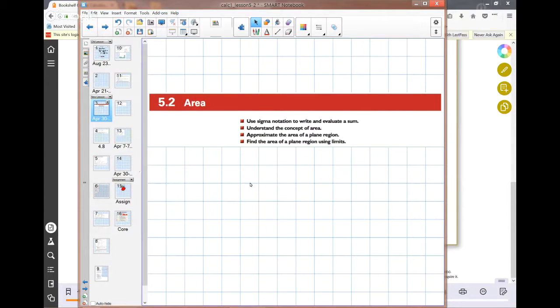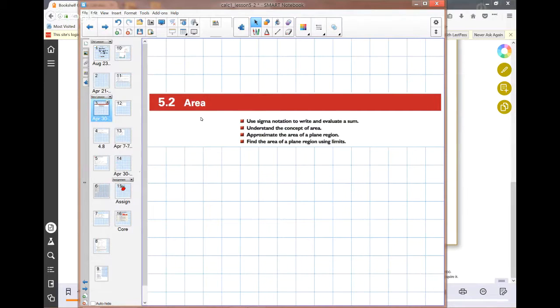Maybe not to the extent that the book does, but enough that you can see what's going on. You can see there are some subheadings under there. Use sigma notation. We'll be bringing the Greek letter sigma into effect here. When you take Calc 2, there's a lot of sigma notation.